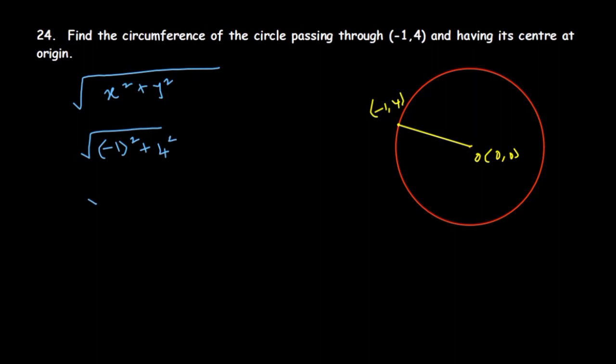Root of -1 square is 1 plus 4 square is 16, so root of 17. This is the length of the radius. Now what the question asks here is to find the circumference. So what is the circumference of a circle?